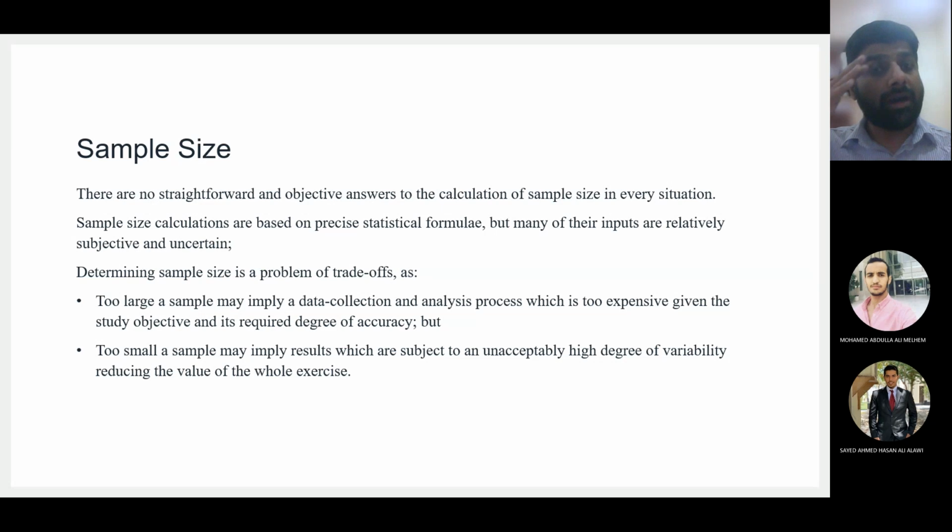Okay, so too large a sample may be expensive and unnecessary depending upon the study. Or you may end up collecting too small a sample, and this can mean that you are increasing the variability of the data.